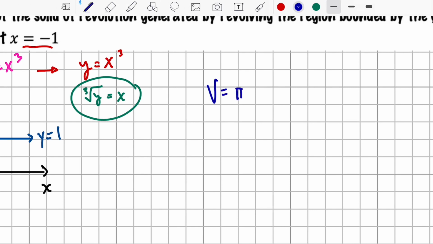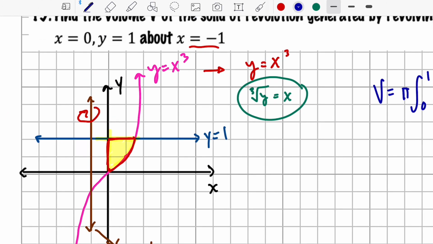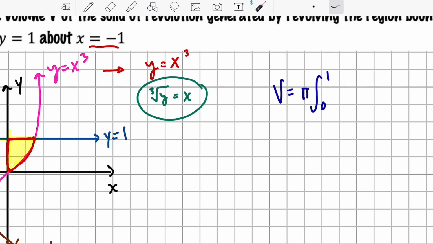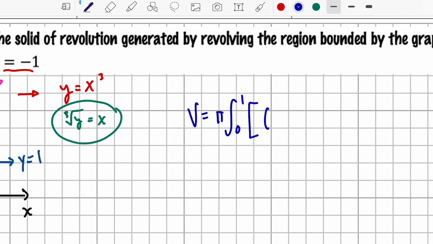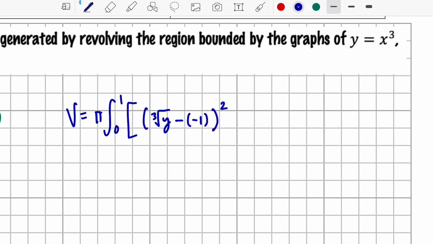So volume is pi integral from 0 to 1, we said. Now, again, the function that is furthest away from the axis of rotation is this pink one. So it's your function minus a -1. So the function is cube root of y minus a -1, squared.